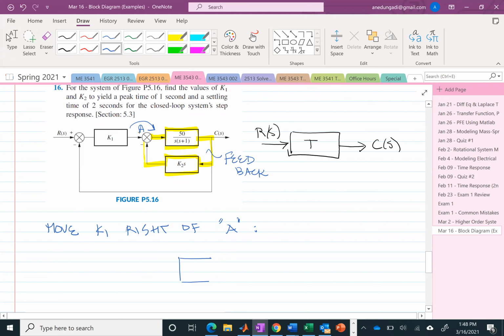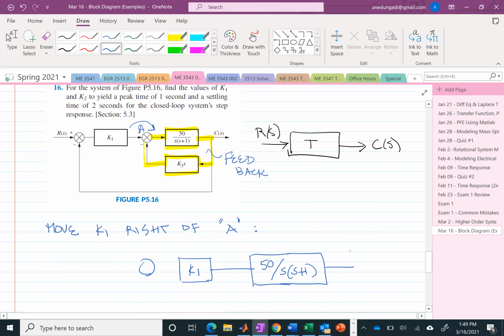I have K1, I have my summation block, I have 50 divided by S times S plus 1.